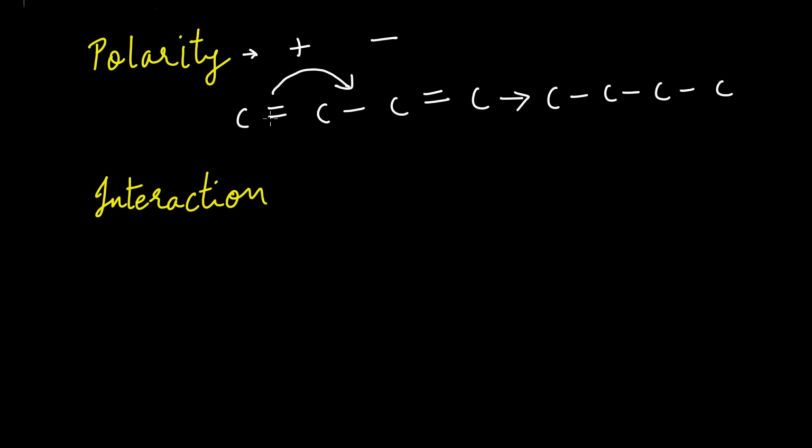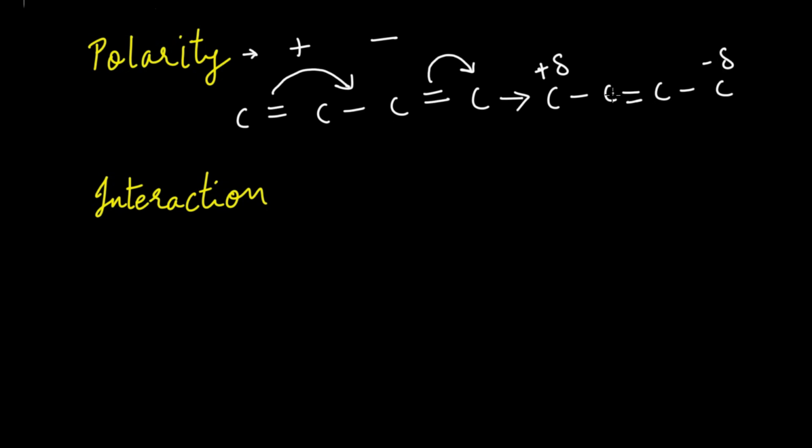So the pi bond will get transferred from this place to this place, and then this pair of electron will move to this carbon, and the final formation will be like this, and creation of delta positive charge and delta negative charge.